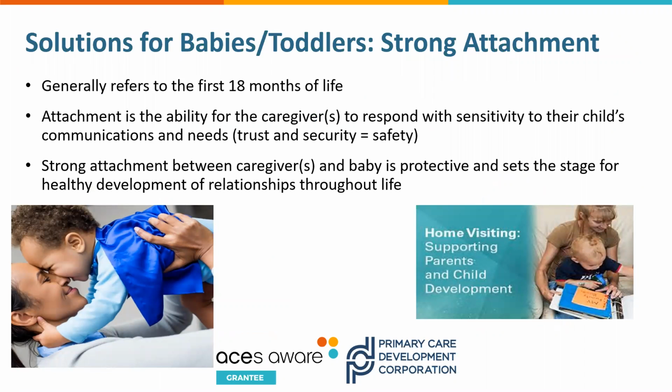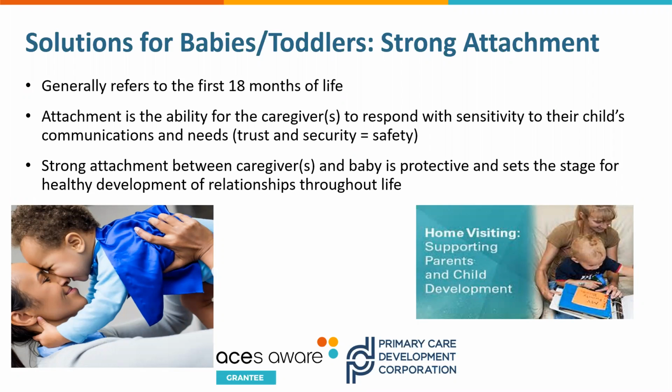For babies and toddlers, we wanted to just mention and point out how important attachment is. And when trauma has happened to someone very young or in their developmental stages, depending on when it happens or by whom, so if it was from the parent or the primary caregiver, we're seeing a disruption in attachment. So what we want to do for well-being of toddlers and babies is, how do we emphasize and how do we strengthen attachment?